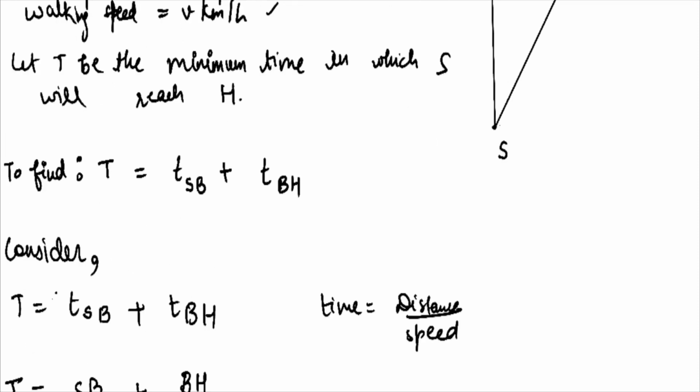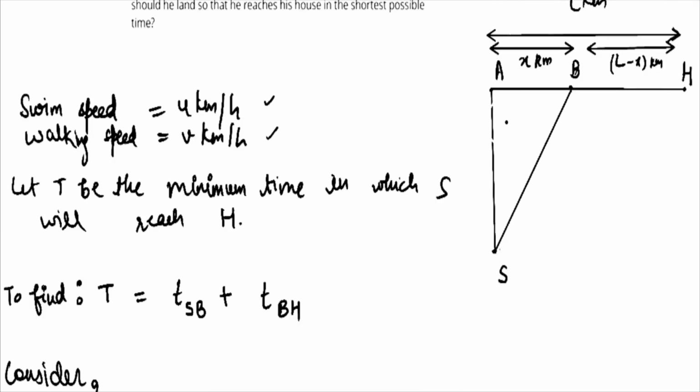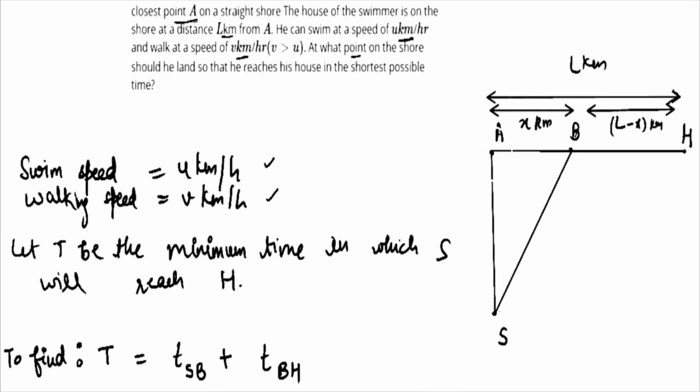Now if we see in the triangle ABS. We know since AS is the minimum distance of the swimmer to the point A, because it is given that it is the closest point on the shore, and we know our closest distance is always perpendicular to the line at which the other point is lying.